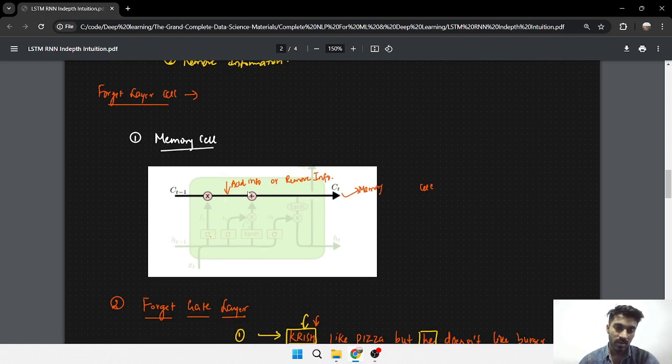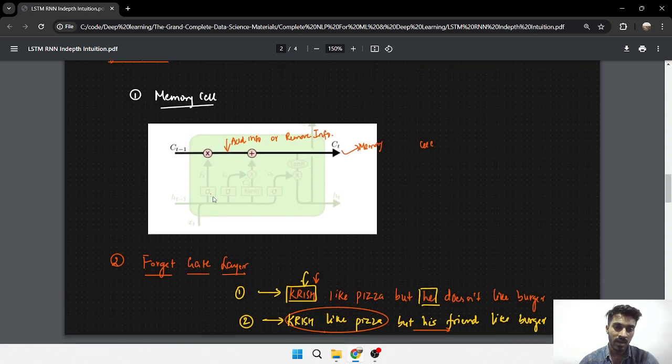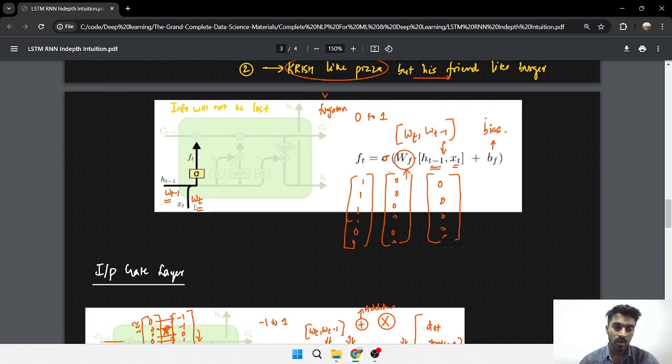In this layer we have to add some info or remove some info, that is, what to remember and what to forget. How does this layer help us? Here we pass a new input and the previous outputs: c(t-1), the long term dependency context vector, and h(t-1), the short term dependency vector.